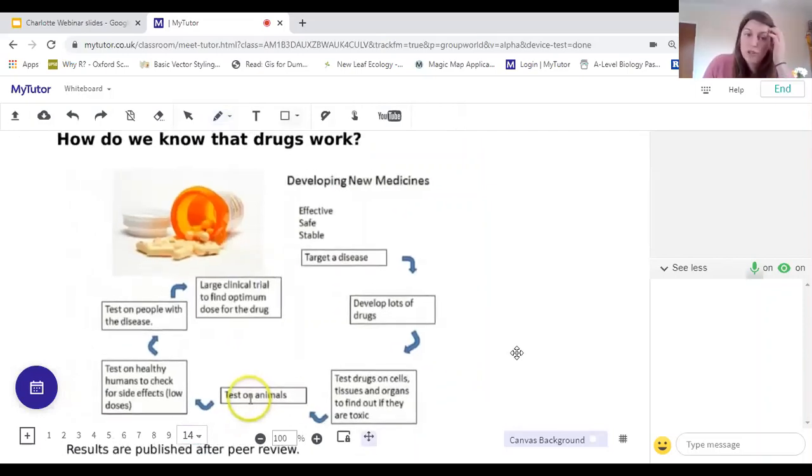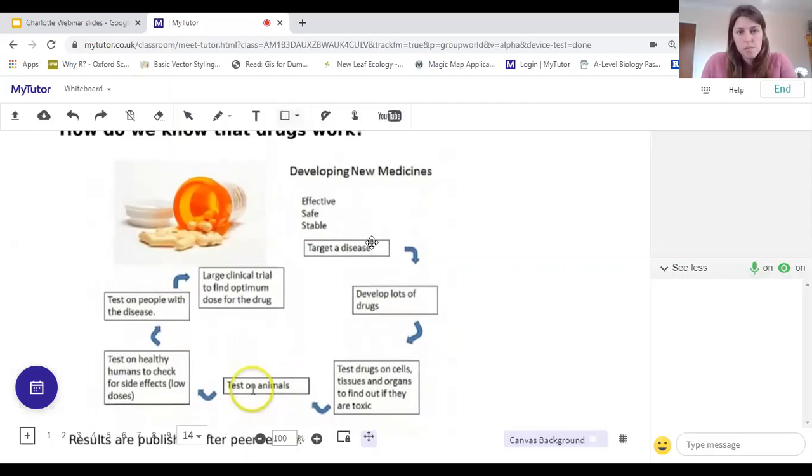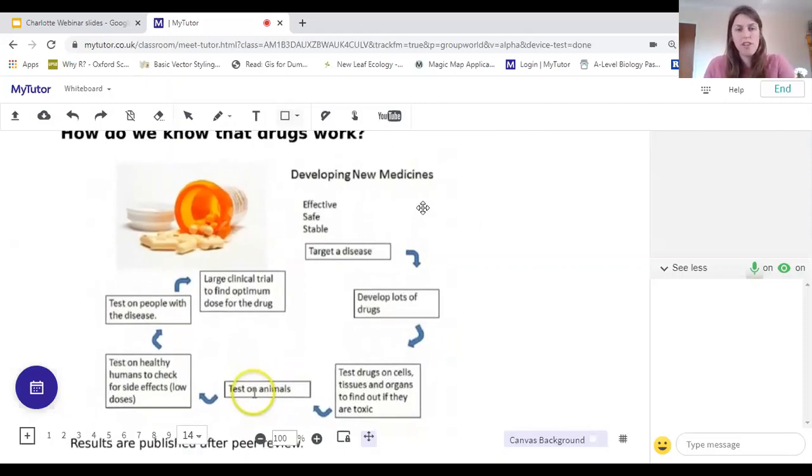So how do we know that drugs work? There are several stages to developing and testing drugs. We want to make sure that drugs are effective, that they're safe, and that they're stable.